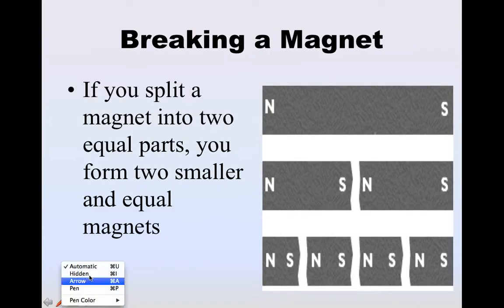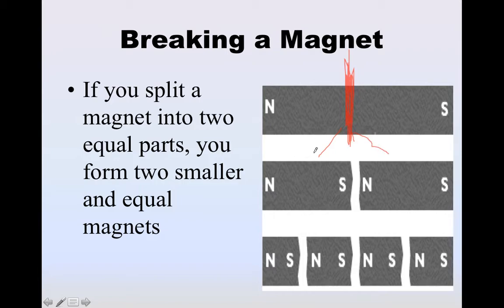Now, here's another phenomenon. What we have here is a bar magnet. Let's say I take a bar magnet and I want to cut that bar magnet in half. Okay, let's just chop it in two. Basically, what I will end up with are two parts down here.